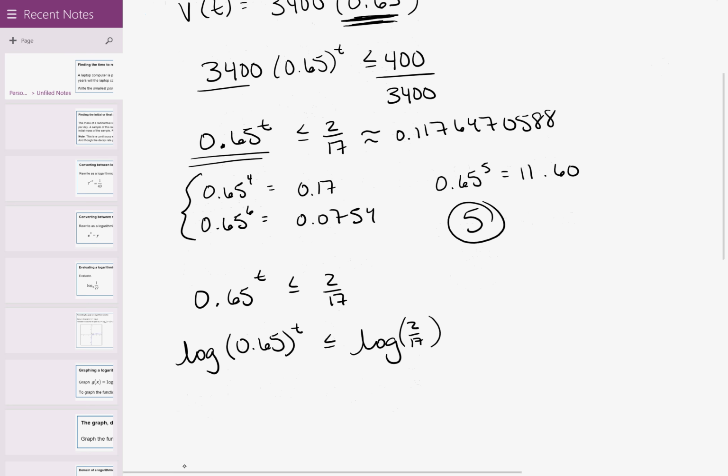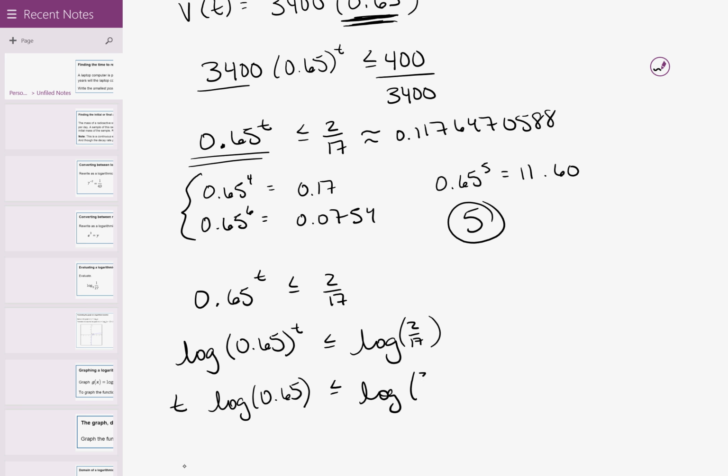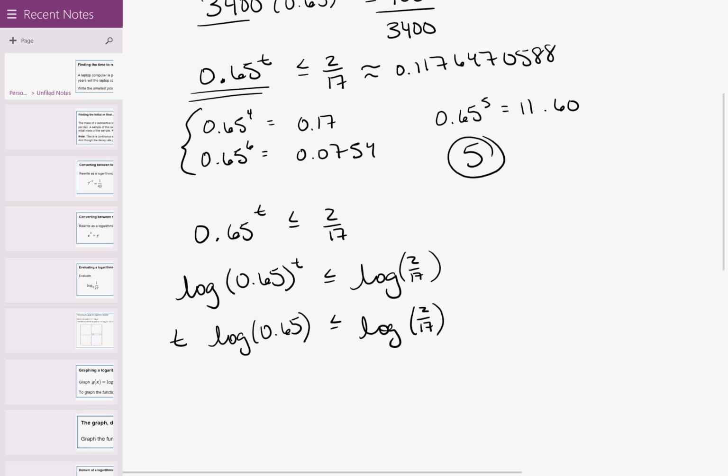And that means that t times the log of 0.65 is less than or equal to the log of 2/17.